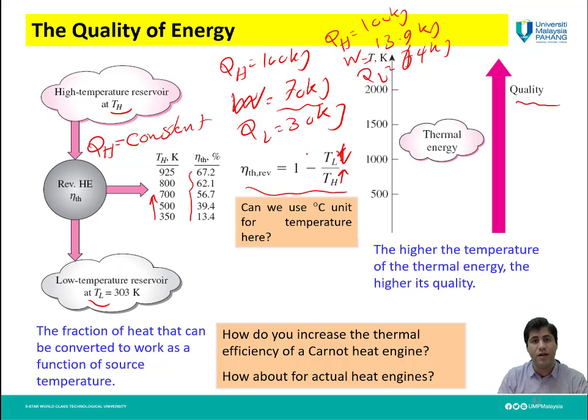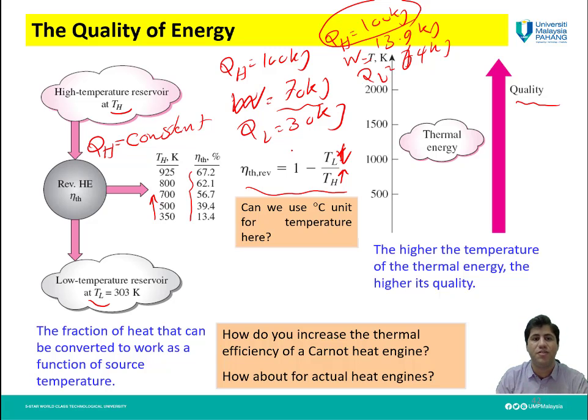So you can see here, not only the quantity of energy is important, but also the quality of the energy is important. The energy with higher temperature has a higher quality and is more appropriate to be converted to the work.